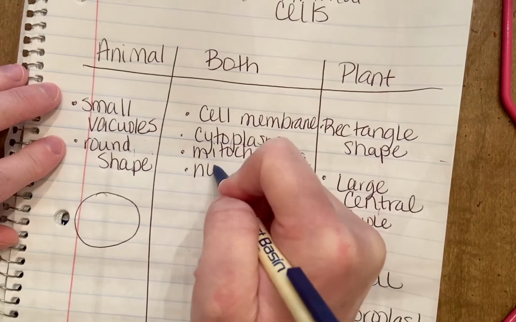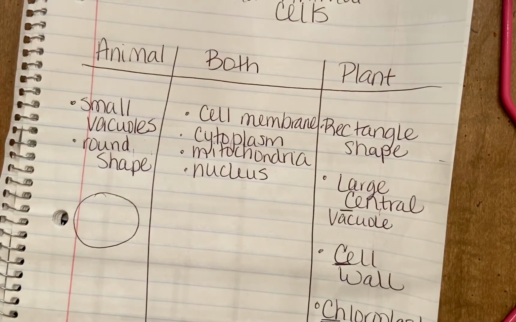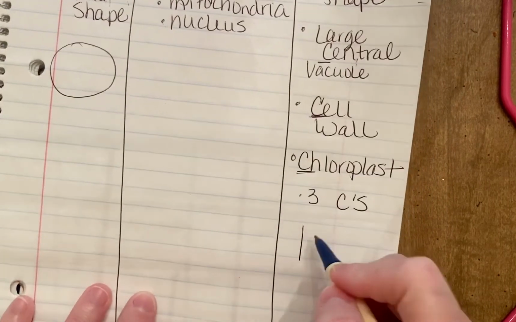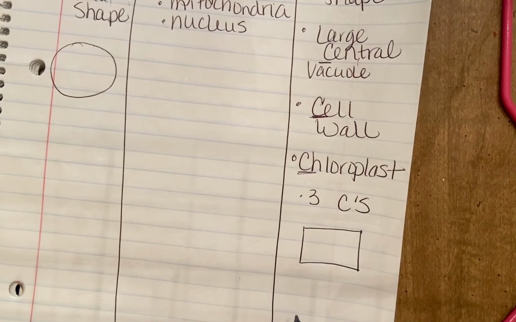And then a nucleus. They both have nuclei. That is where DNA is stored, and that is what controls the plant and animal cells, kind of like a brain. Now remember a plant cell is a rectangle, or you can say it's a brick.